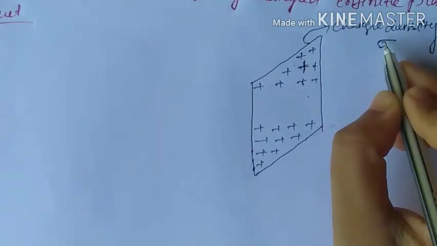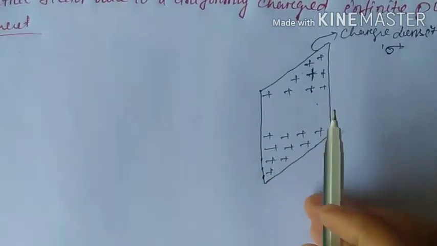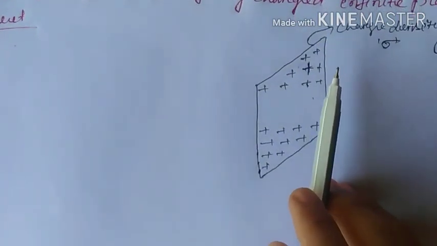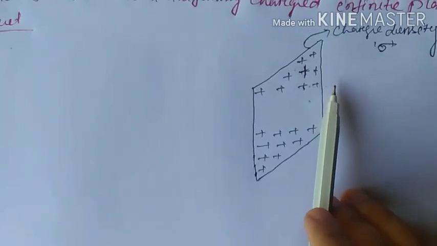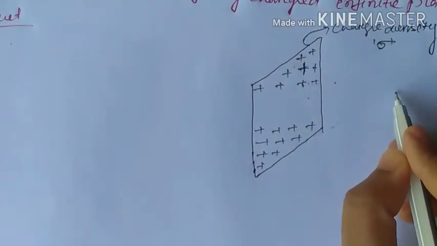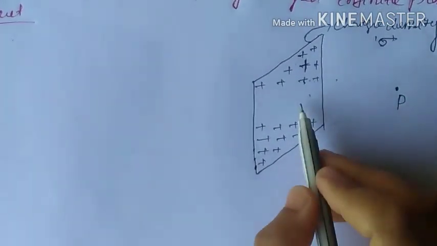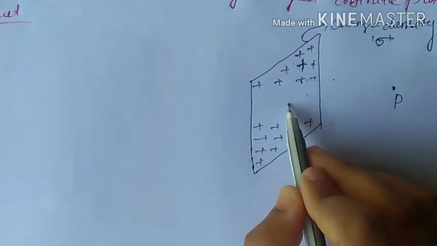Charge density be sigma means charge per unit area. We have to calculate the electric field produced by it at a point P, suppose here, at a distance R from its center.